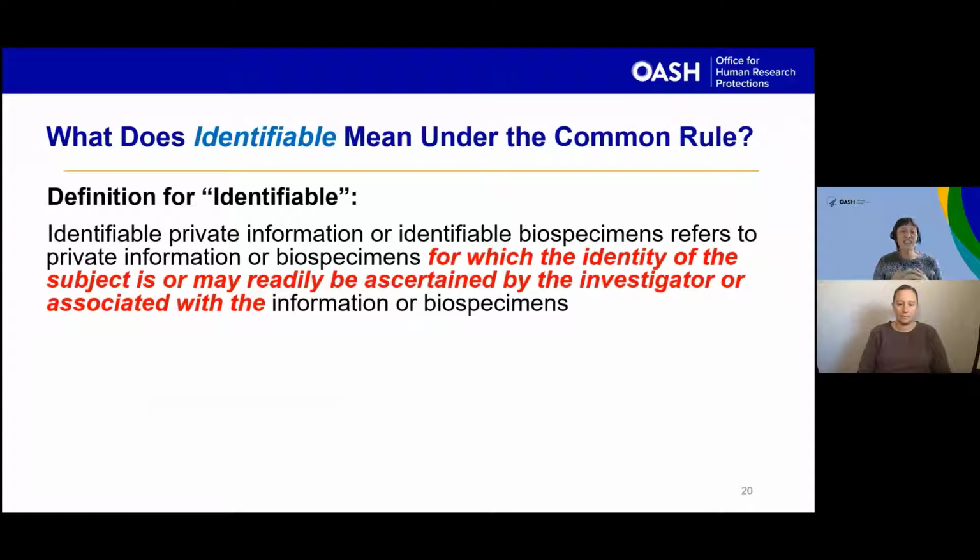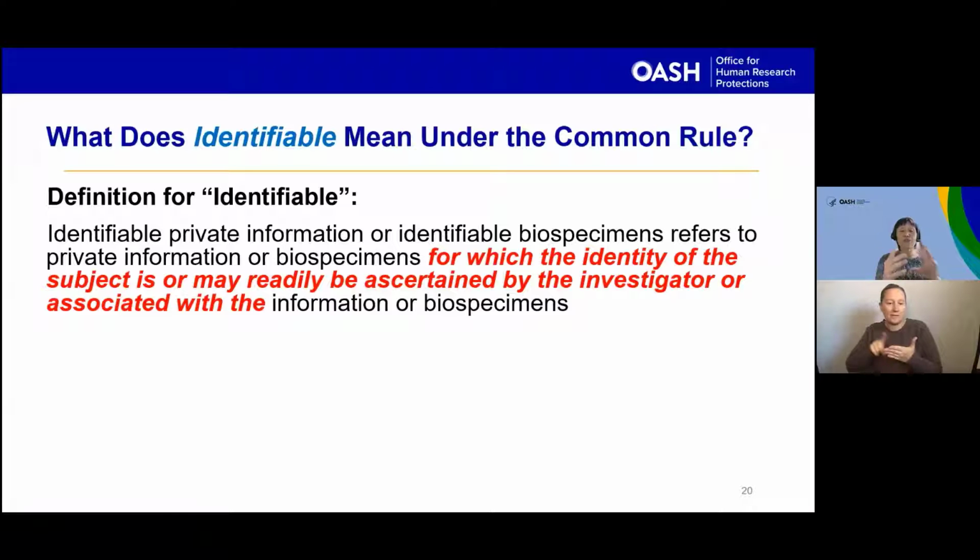Now, I already said the key word there was identifiable. What does that mean? It, again, confuses the heck out of everybody. Identifiable has a special definition under the Common Rule, and it is this. Identifiable private information or identifiable biospecimens refers to private information or biospecimens for which the identity of the subject is or may readily be ascertained by the investigator or associated with the information or biospecimens.